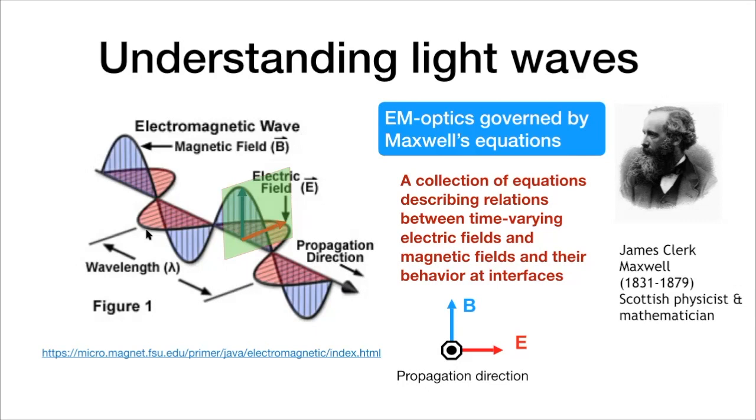Imagine that you took a shot of the propagating electromagnetic wave at a specific time point, and you measured the distance in that picture between two crests or two dips, or two same points on the wave. The distance is called the wavelength.